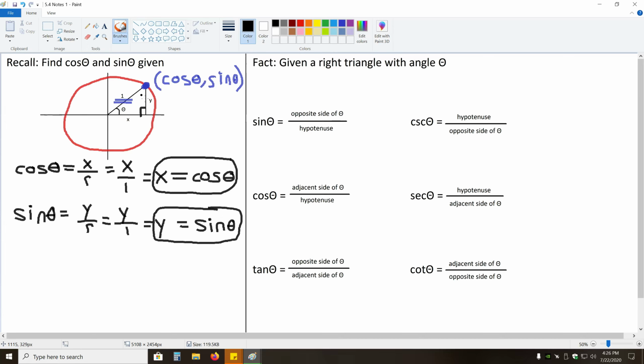What about if we wanted to find this angle up here, which we could call alpha? Suddenly the x over r, y over x method no longer works for that angle. So we need another method. And our other method is one that you're probably more familiar with if you've ever studied trigonometry. It's called SOHCAHTOA.